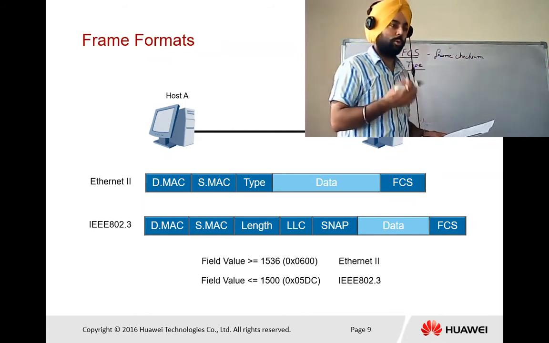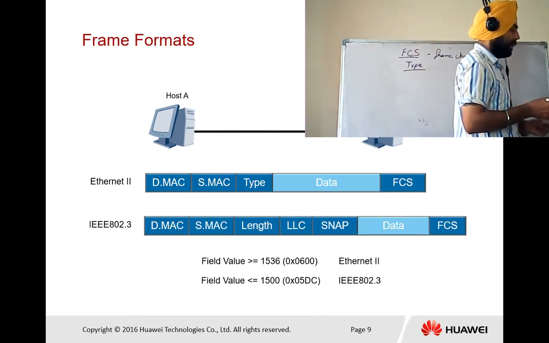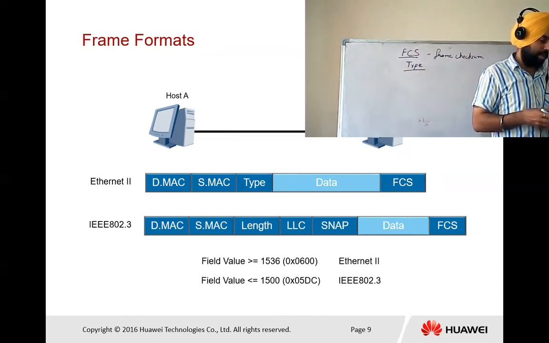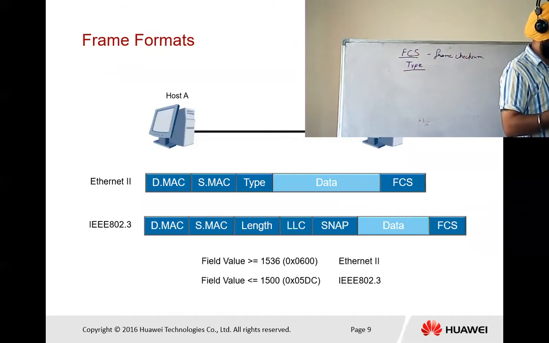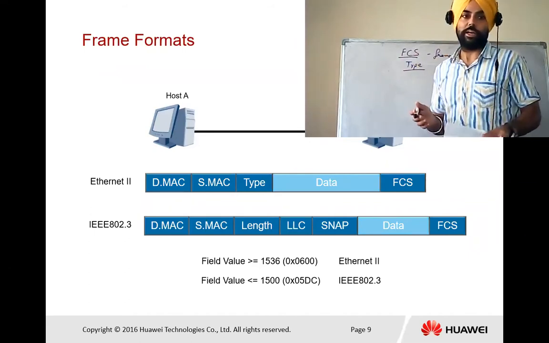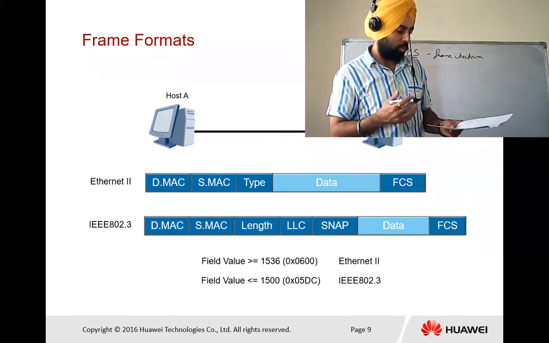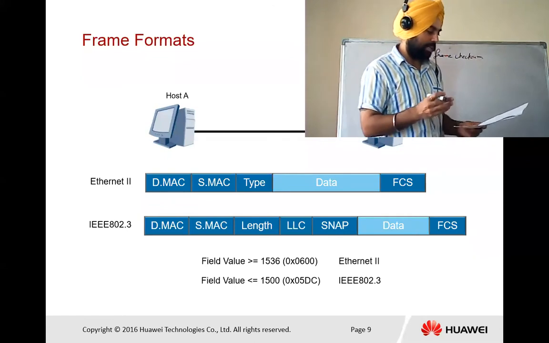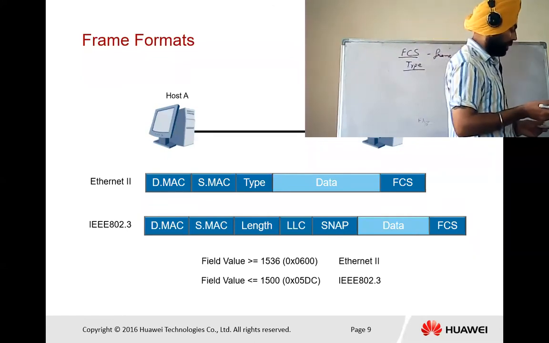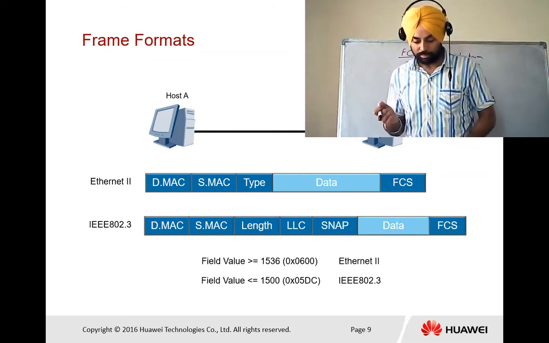The field value is the type value. Both are similar, whether we are talking about Ethernet 2 or IEEE 802.3. Both are similar protocols, but Ethernet 2 is more popular, and 802.3 is only the header.